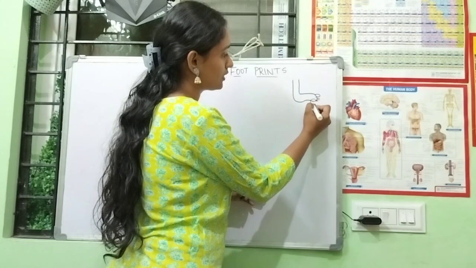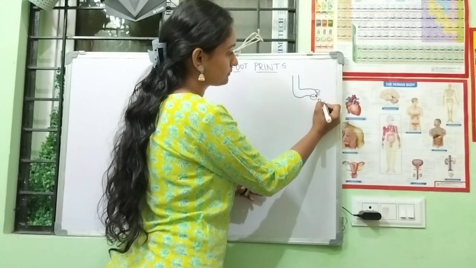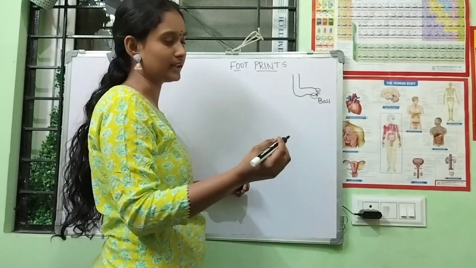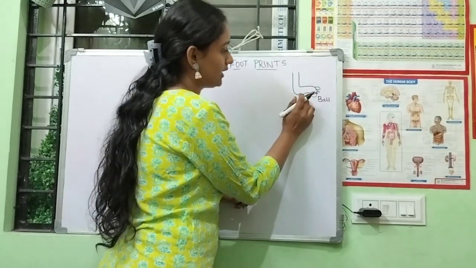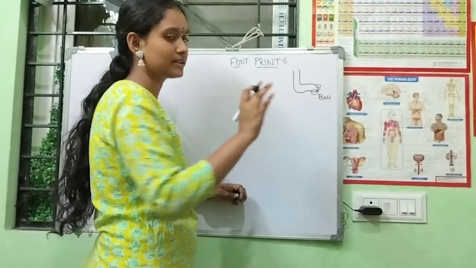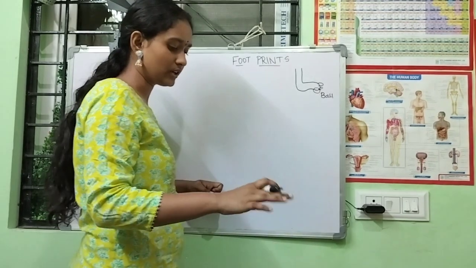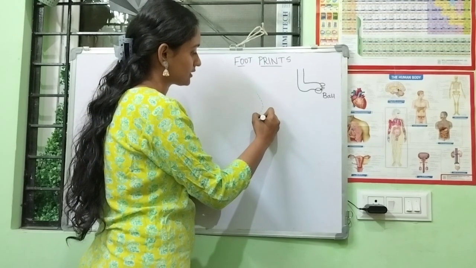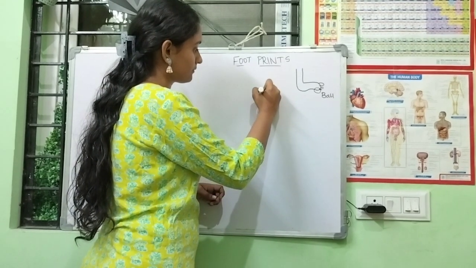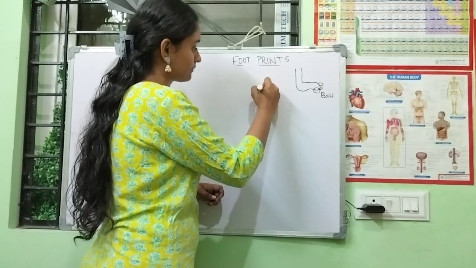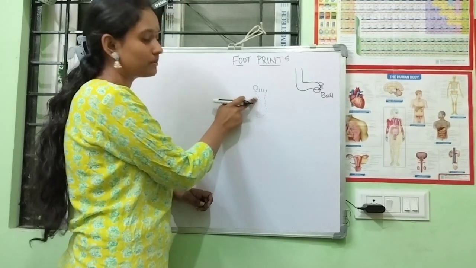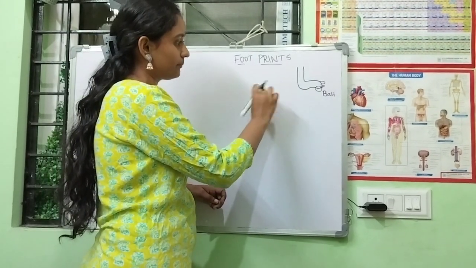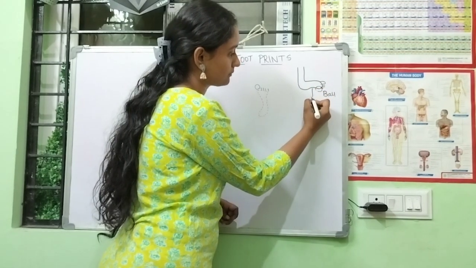This part is known as the ball, because it bears the most weight. The middle part doesn't touch the ground, so whenever you have a footprint, you'll get a print like this, with this part left out, because this is the arc.